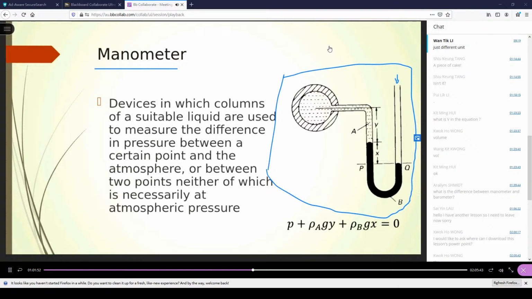So at point Q, the pressure could be atmospheric pressure. This pressure is known. Because this point is open to the atmosphere, and this is air, and air is very light, the pressure at Q is atmospheric pressure.